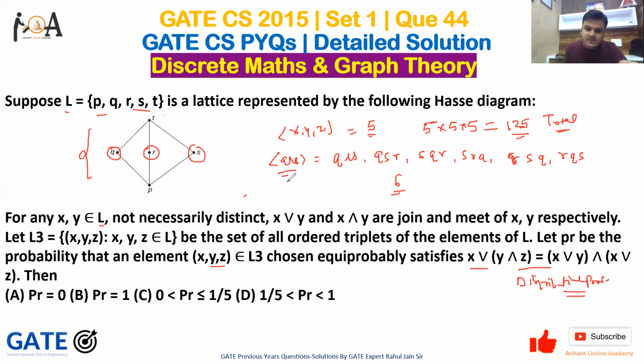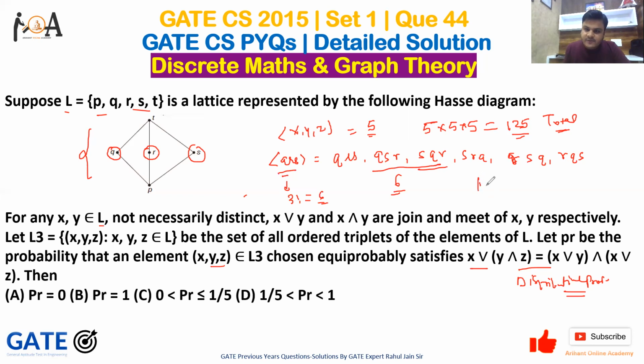Basically, you can also derive it by the formula 3 factorial, because QRS will generate 3 factorial triplets, which is 6. So these 6 triplets will not be part of our selected set of (X, Y, Z) belonging to L³, because they do not satisfy the distributive property.